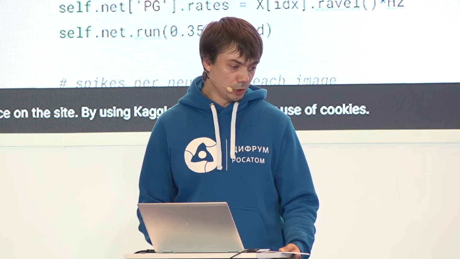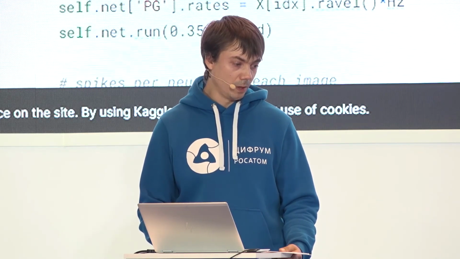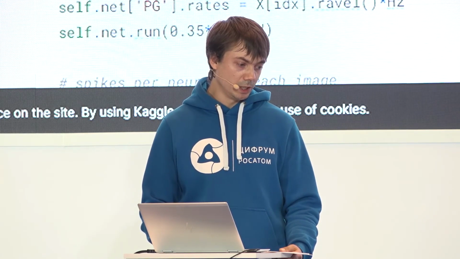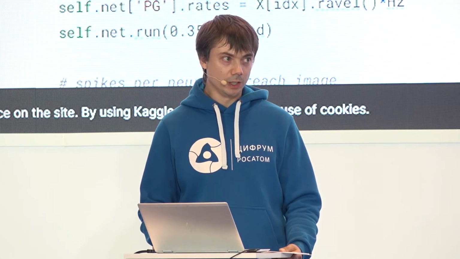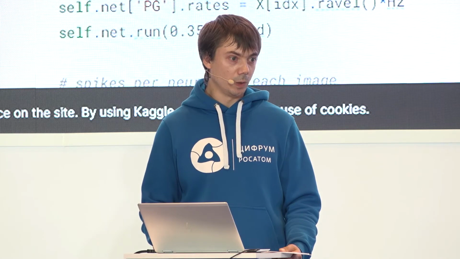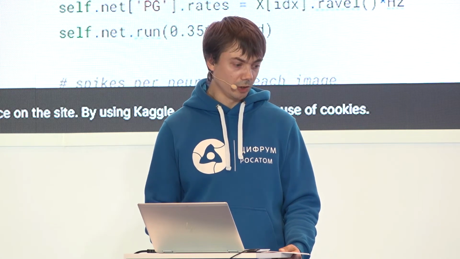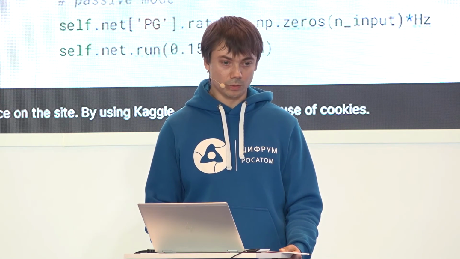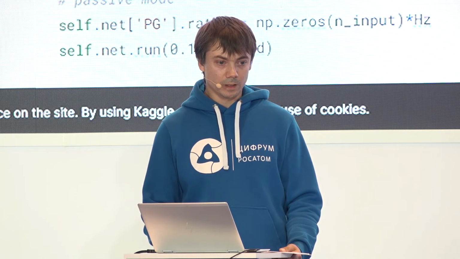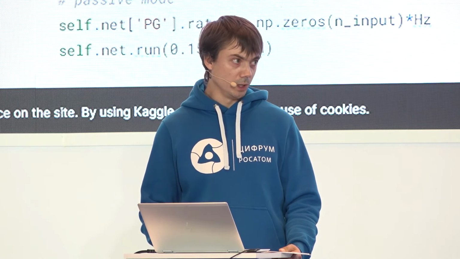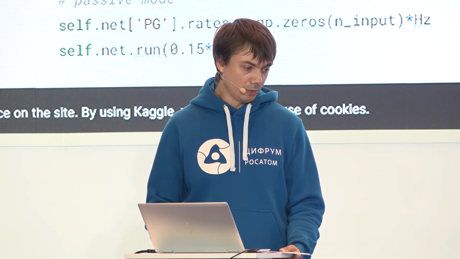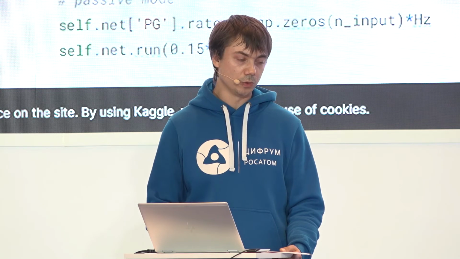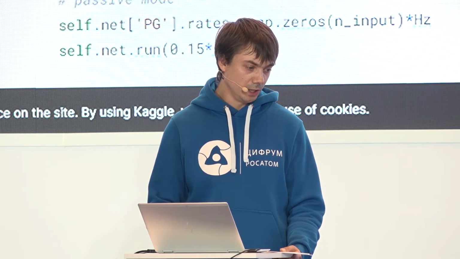Next, we have two methods, train and evaluate. We use train for training and learning weights in the first layer, and we use evaluate for classifying new, unknown images. How does it behave? We have X, a list of images, the input array.